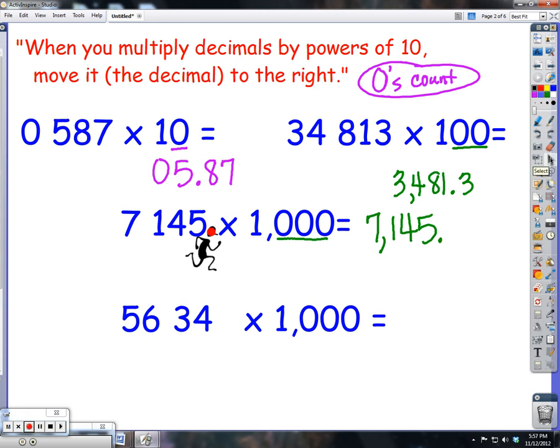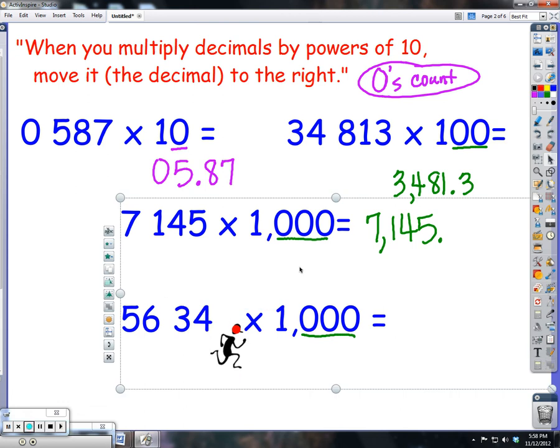Now, in our last example on this page, I have 56 and 34 hundredths. This time, there are 3 zeros in 1,000, so I'm going to move my decimal 3 places to the right. But now, in this example, something is going to happen. So we've got 1, 2, 3.